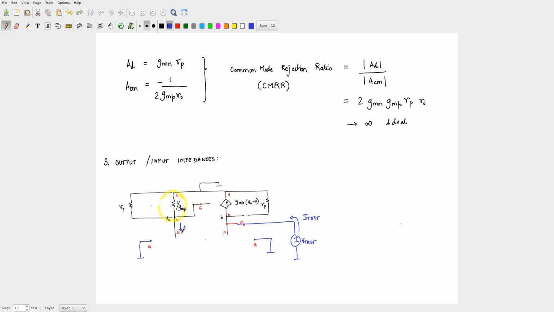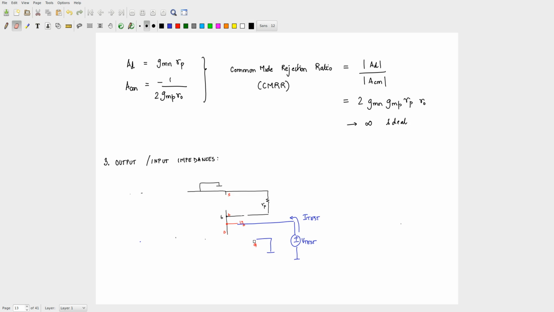So if Va is at 0, what happens? This particular source disappears because there's no current flowing in here, and then all of this can be removed, and you are left with a very, very simple circuit. Okay, all of that goes.